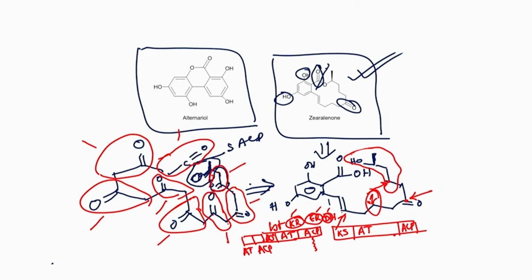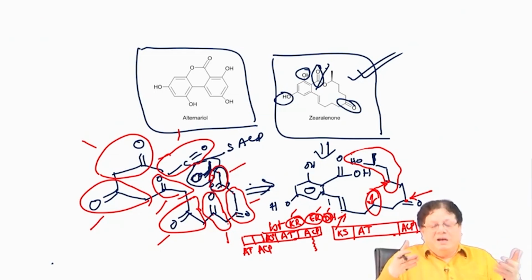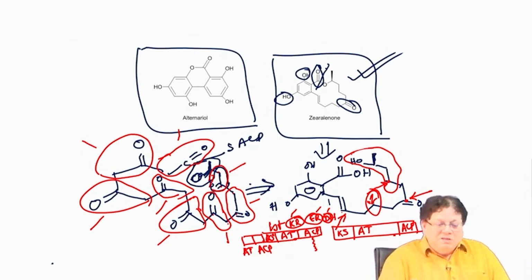So, by that way you can complete the entire biosynthetic gene, and then also assign the protein that is actually translated from them. So, this is the way you do it.